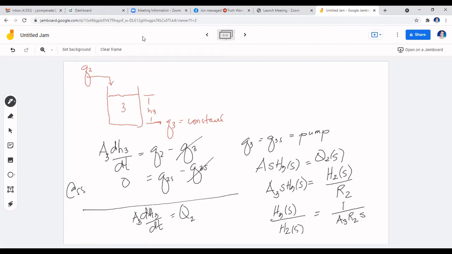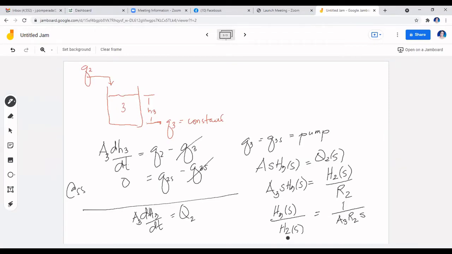Okay? So in this case now, the transfer function that SOC has given to us is actually correct because the transfer function that he has provided is in terms of volumetric flow rate in the denominator, not in terms of level.